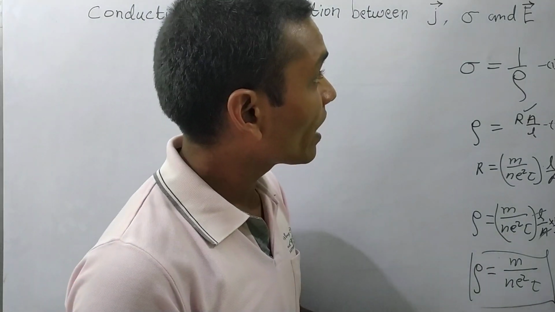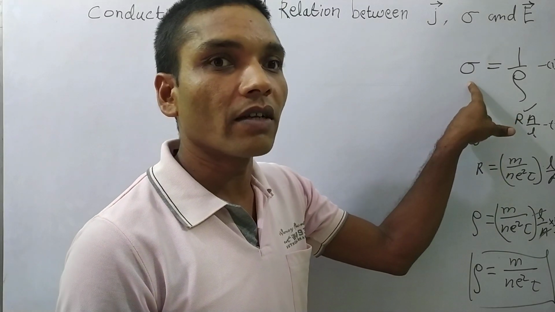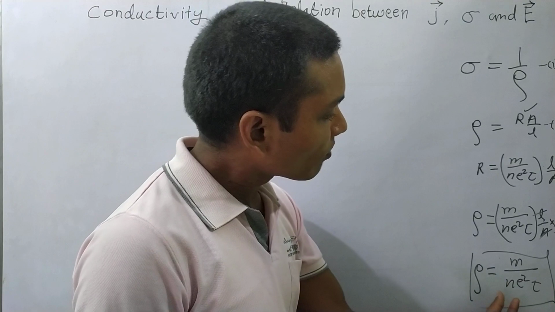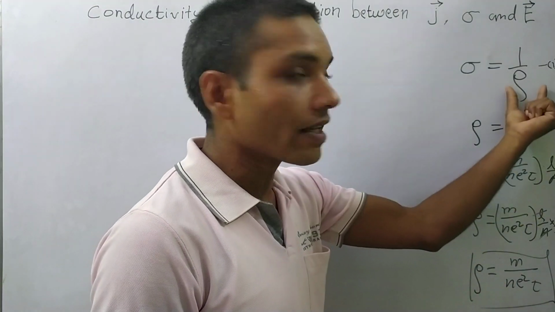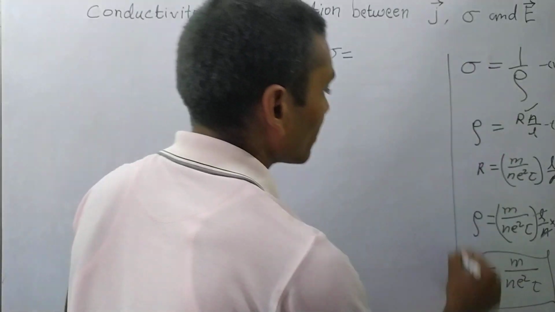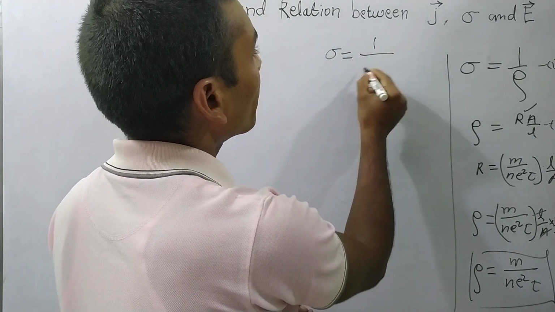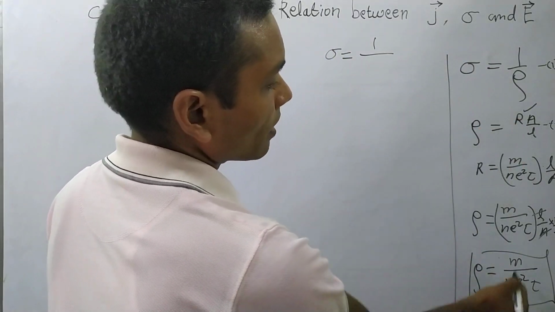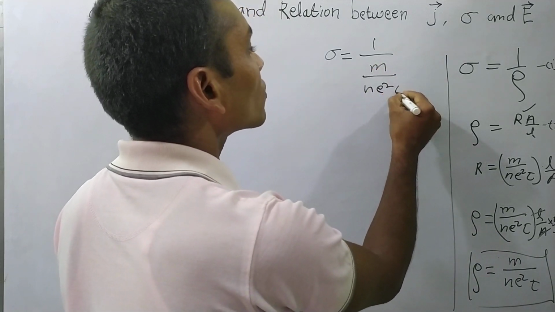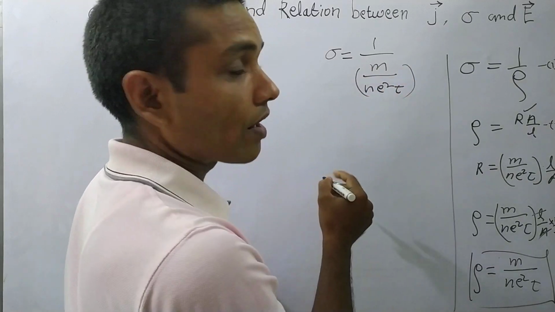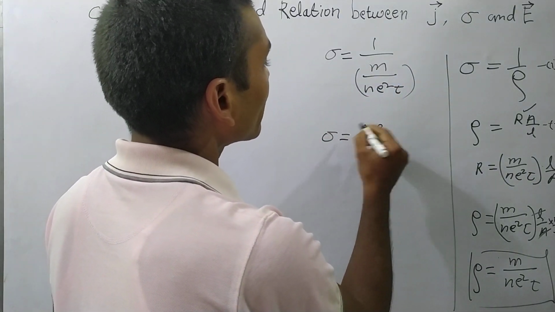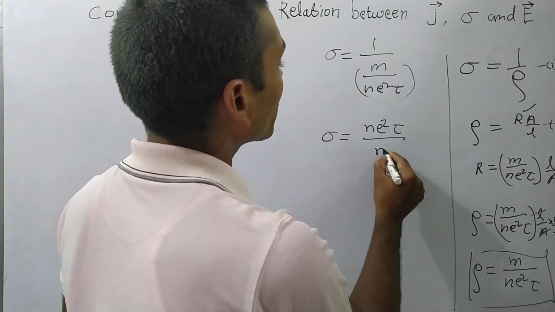Now we have to find the value of conductivity. On putting the value of rho in this equation, we get sigma equal to 1 upon rho, that is 1 upon m upon n e square tau, or sigma equal to n e square tau upon m.